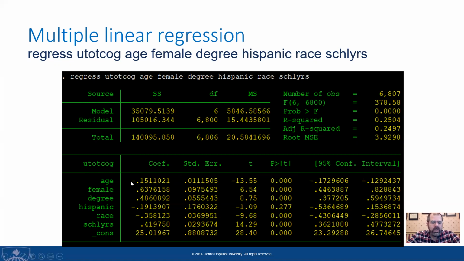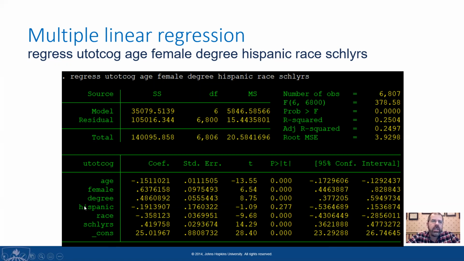The age coefficient is attenuated, but the interpretation is almost the same, except we would say now that a 1 unit older age is associated with a 0.15 unit lower cognitive score, adjusting for all of these other variables.